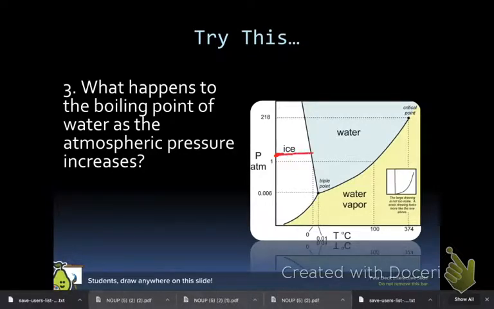Remember, anytime it crosses that line of equilibrium, that's what happens. Here we're hitting the vapor pressure line, which means our vapor pressure is equal to the new atmospheric pressure, which means we get to boil. So what's happening to the boiling point? Normal was here. With the new, higher pressure, it's right there. So what happened?